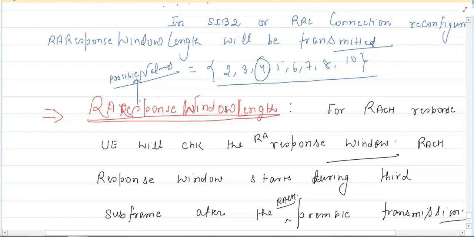The RACH response window size will be broadcast within SIB2 when you are in idle mode, or in the RRC connection reconfiguration when you are in connected mode.